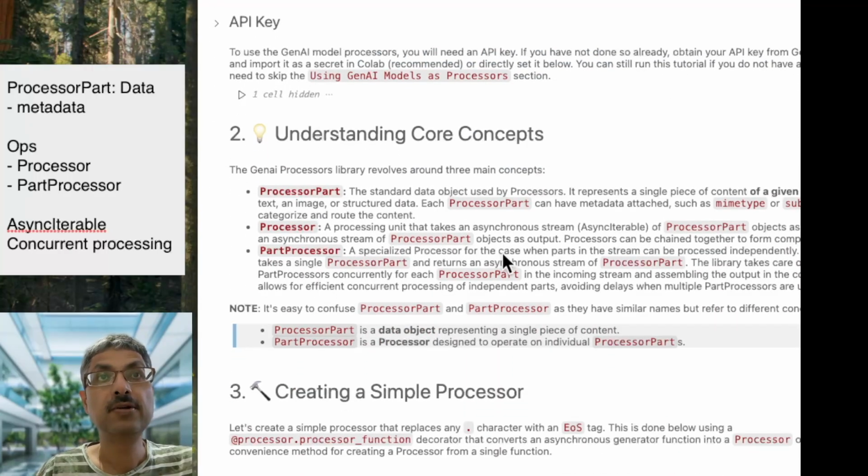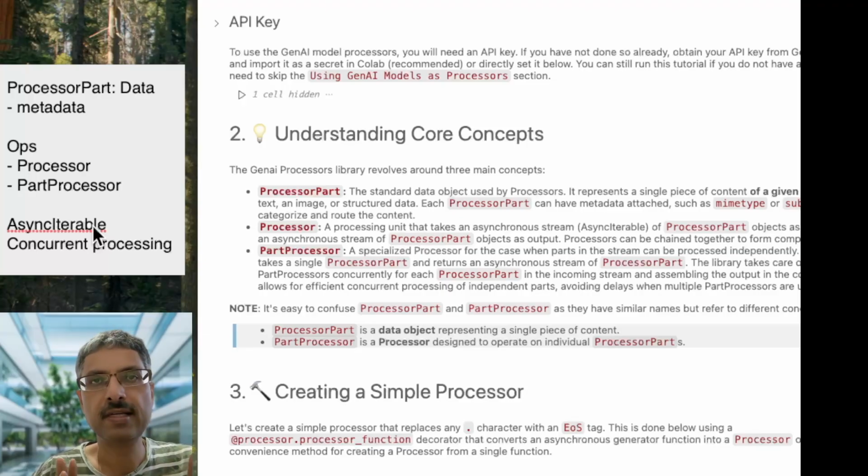There are three key concepts with very confusing names. Part is the data that goes through the pipeline. And there are two operators, processor and part processor. Essentially, these two operators work over what are async iterables, lists of items that arrive asynchronously.